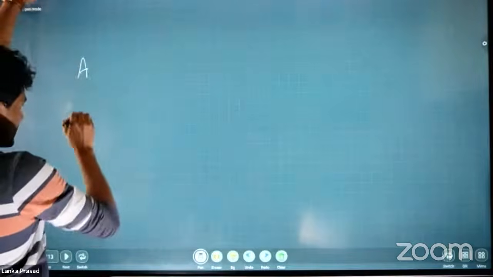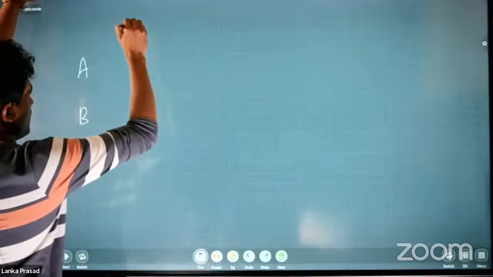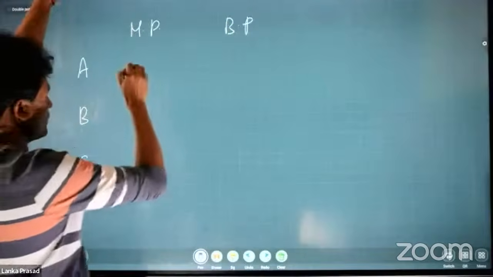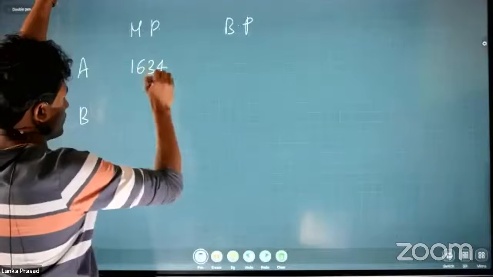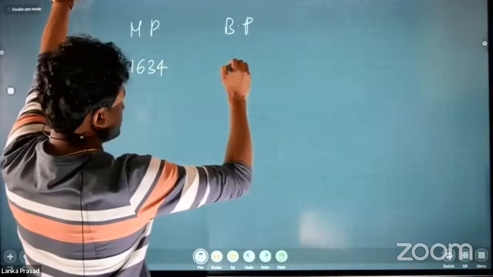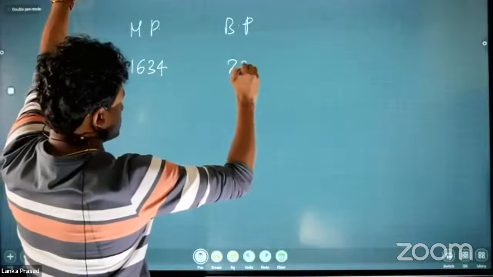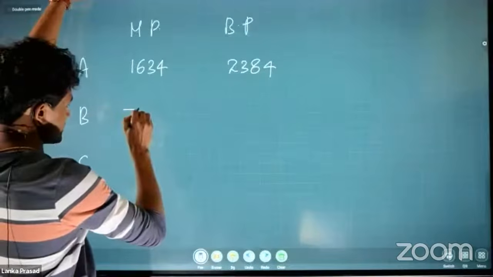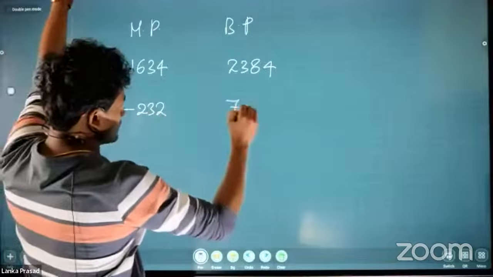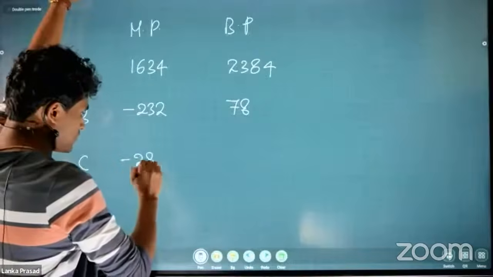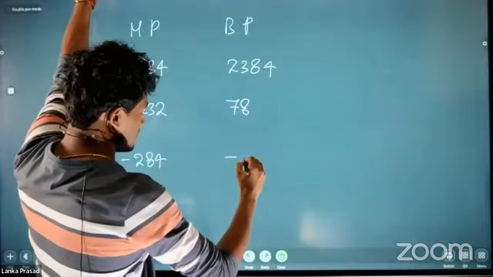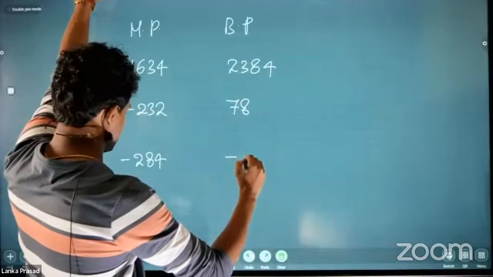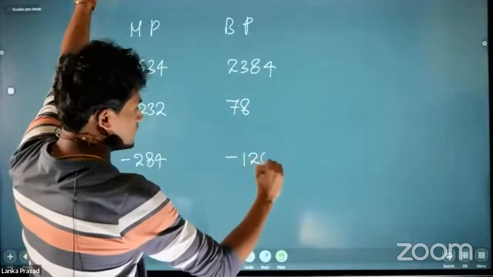Now take it as A, B, C. Melting points and boiling points of them: 1634 and 2384 for one, minus 232 and 78 for another, and minus 284 and minus 120 for the last.